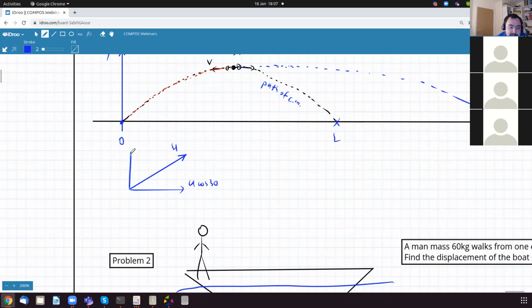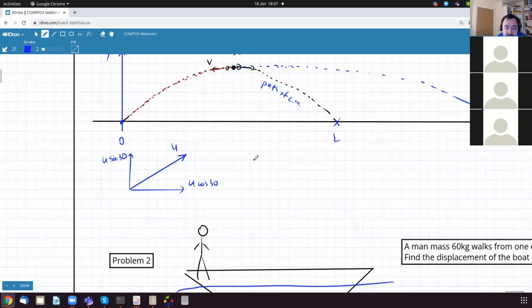And the vertical speed is u sine 30. Or in other words, half u, because sine 30 is a half. Okay. So we need to find the time of flight.